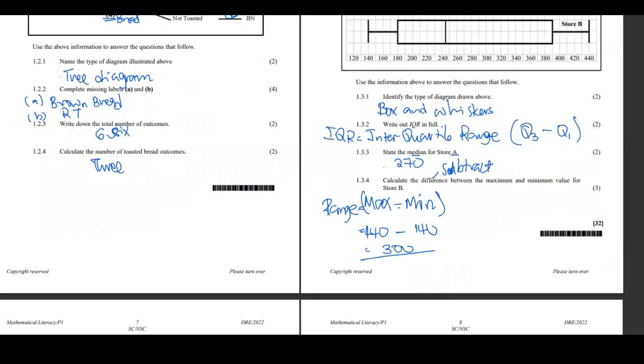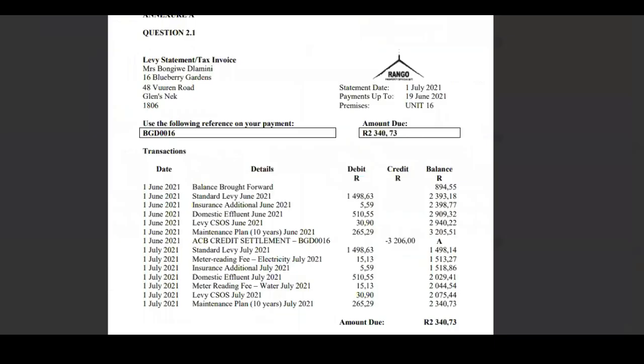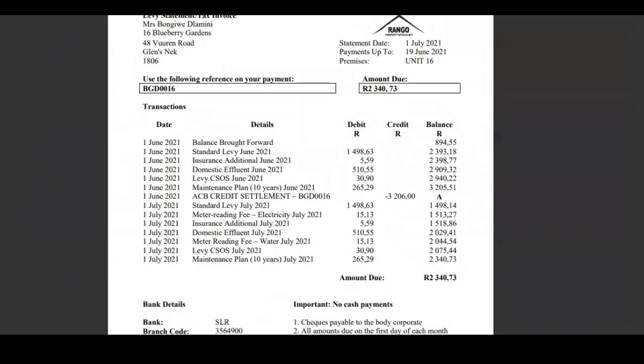All right, let's look at question number 2. Question number 2, we shall require to look at the annexure, and the annexure that we are looking at is this one here. This is it. Question number 2.1.